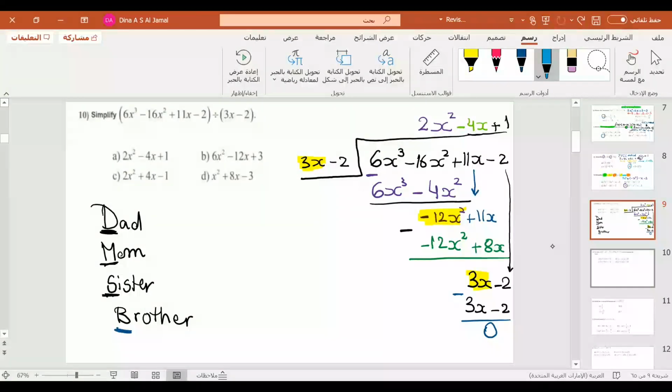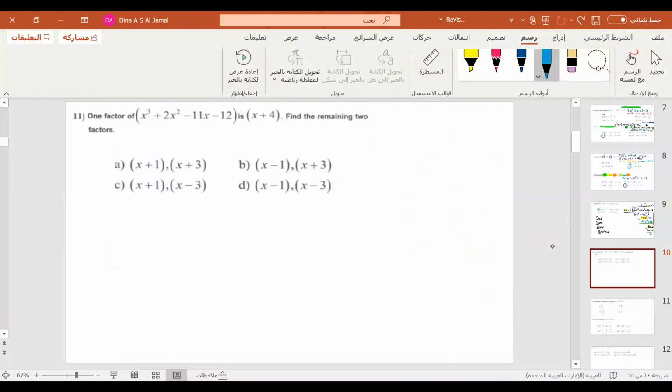So your answer of the quotient will be 2x squared minus 4x plus 1, and this will be a choice. Great. So now we did it using the long division way. Let's go to this question. Question 11. He told you one factor of this polynomial is x plus 4.